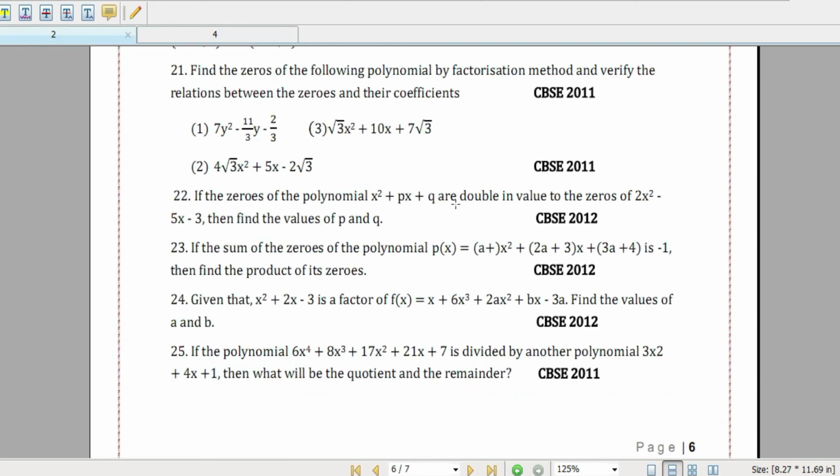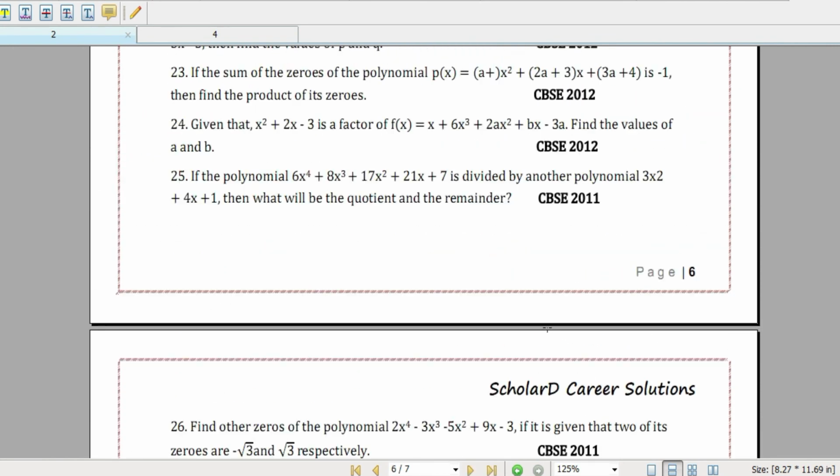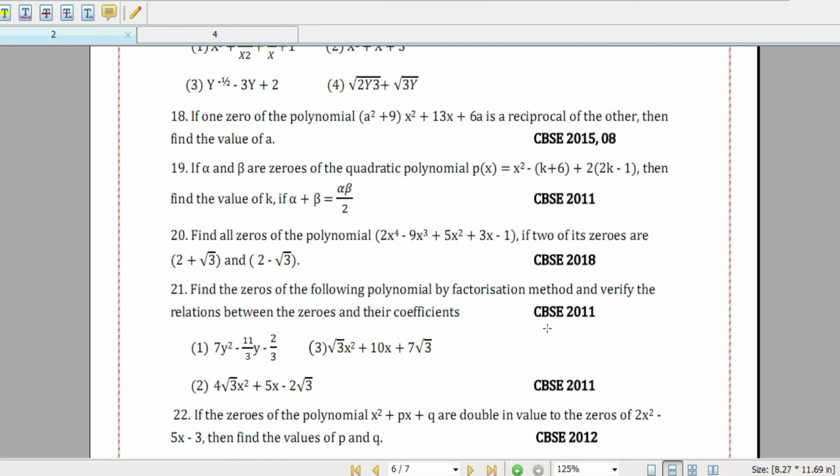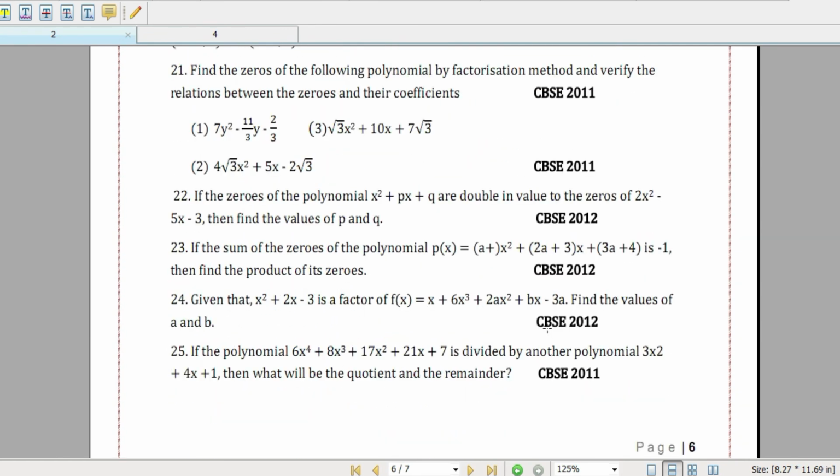In this class let us continue some more questions of this polynomials itself. Okay. Right, so next let us see the next question here. Find zeros of the polynomial by factorization method and verify relations between zeros and their coefficients. So this is very easy, like the relation between zeros and coefficients is nothing but the sum of zeros and the product of zeros.